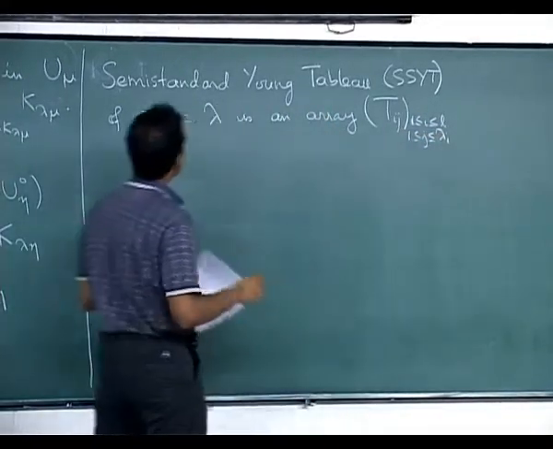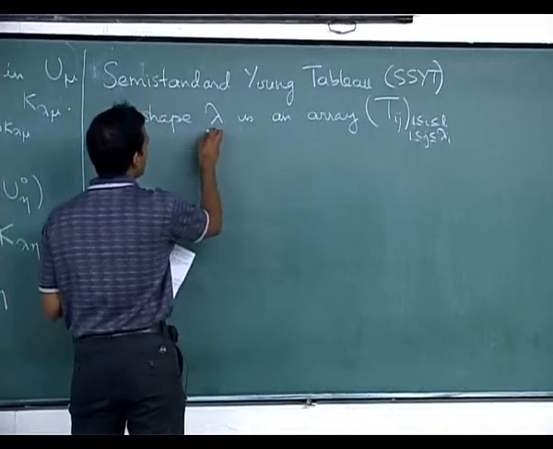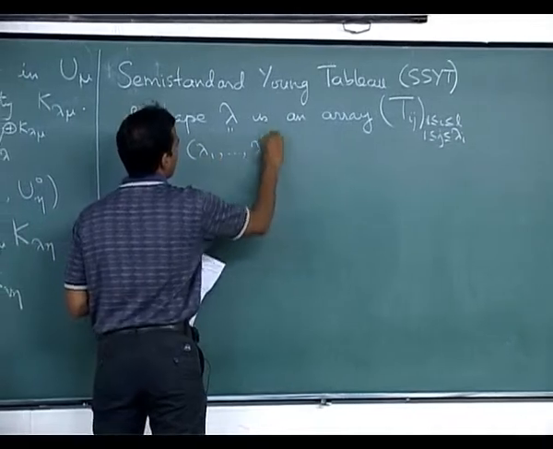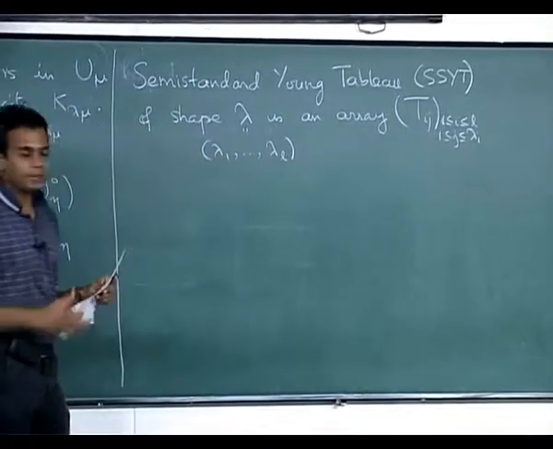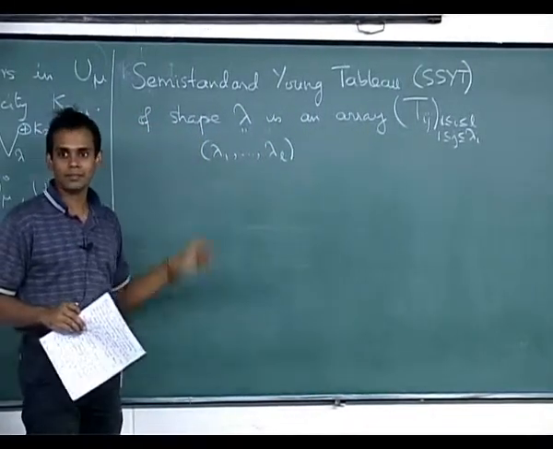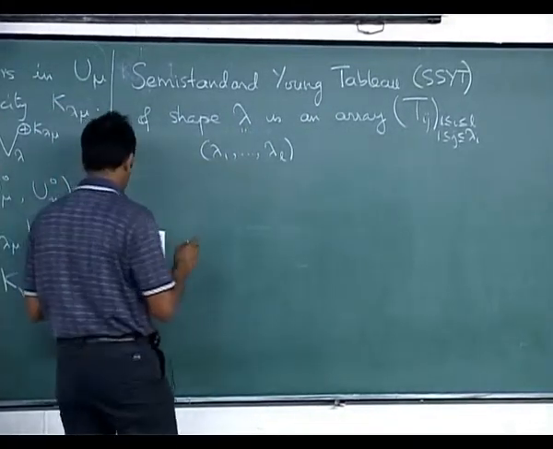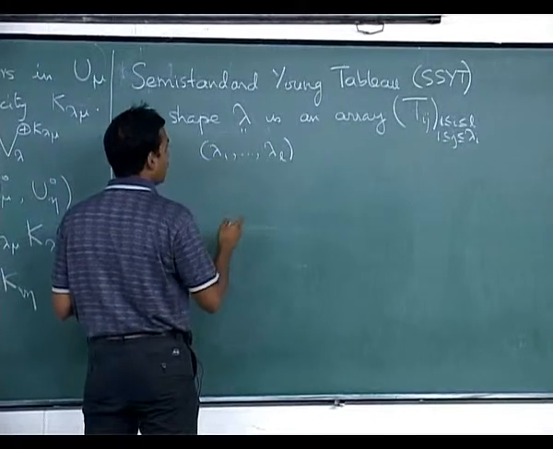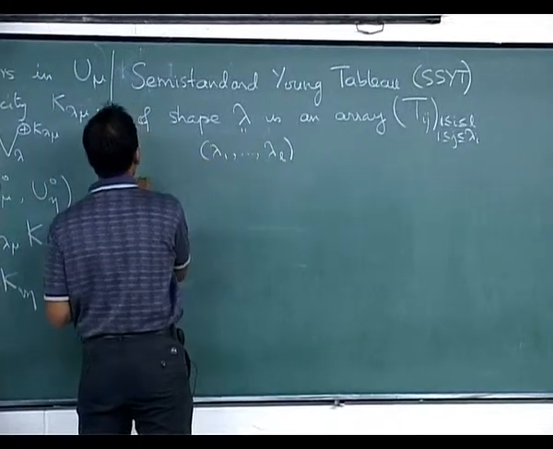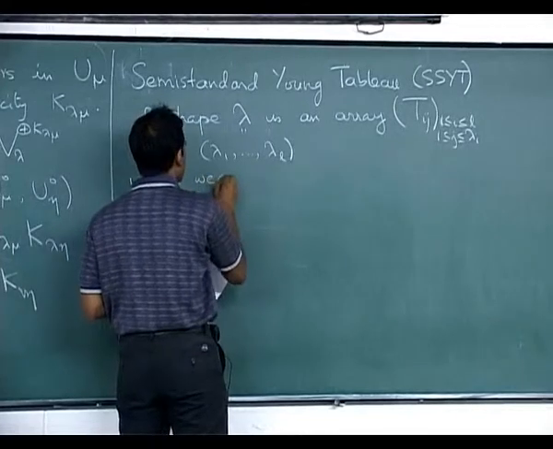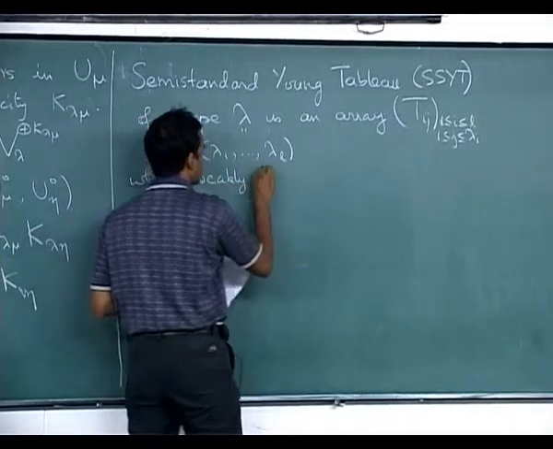Here I am using the old notation that λ is λ_1, ..., λ_L, where these things are in weakly decreasing order, which is an array which is weakly increasing along rows and strictly increasing along columns.